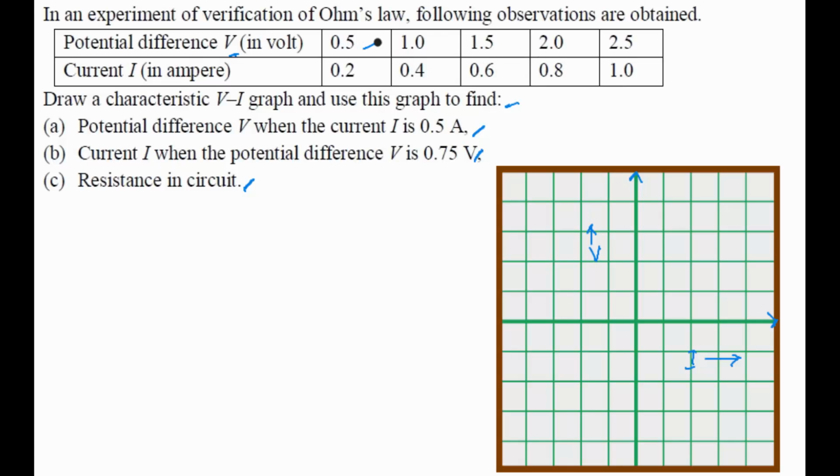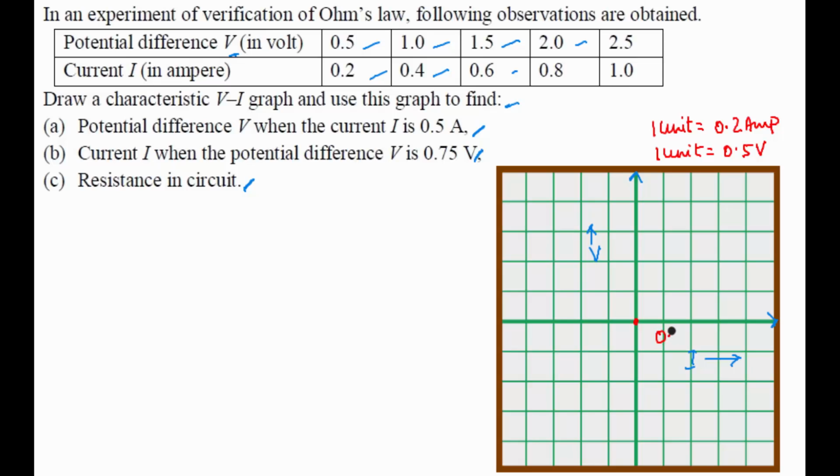So we can see clearly that these are multiples of 0.5 and these are multiples of 0.2. So the scale on the x-axis is 1 unit equals 0.2 amperes current, right? And the scale on the y-axis will be 1 unit equals 0.5 volts. Perfect. Now let's insert values onto the axes.